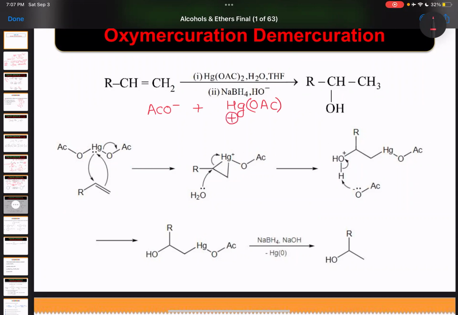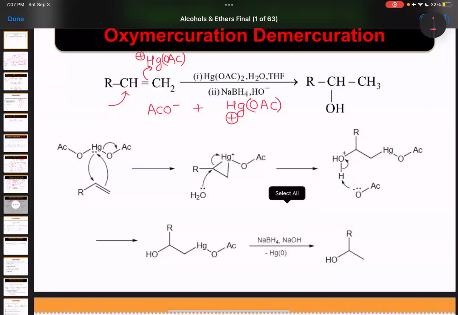This electrophile is going to join itself to the double bond such that a more stable carbocation is formed. The carbocation is going to form at this position because it is more stable. But the difference is that this carbocation will not undergo rearrangement.